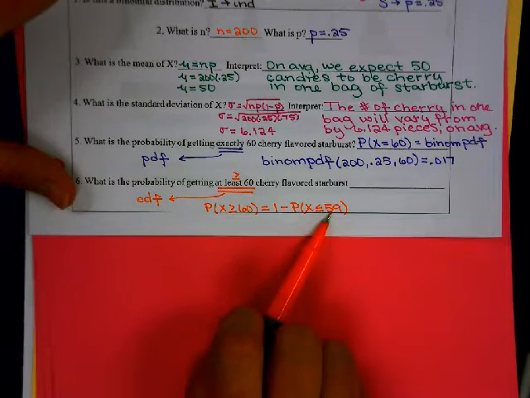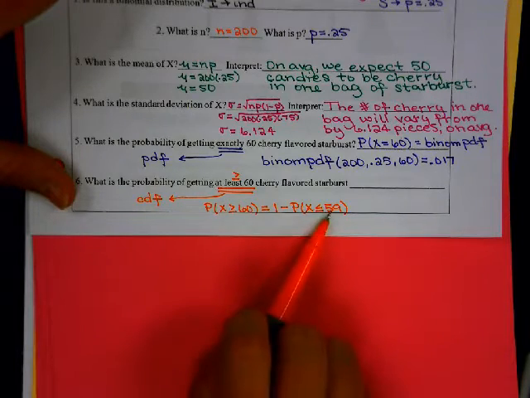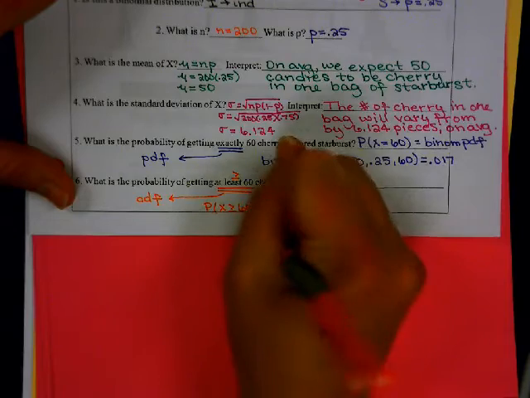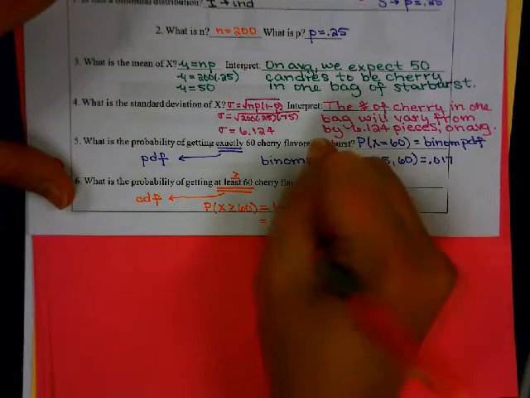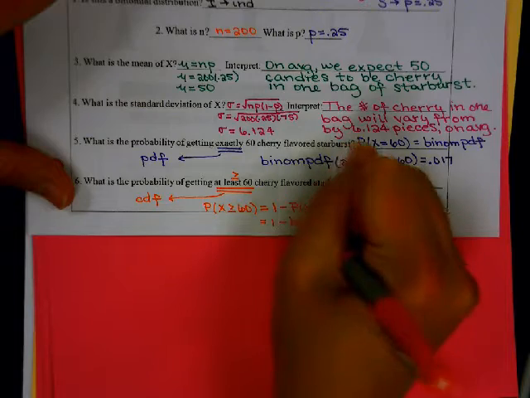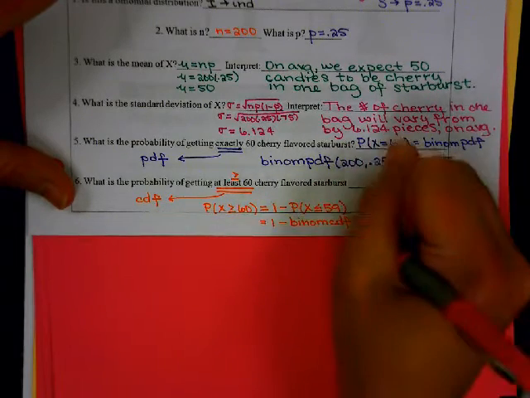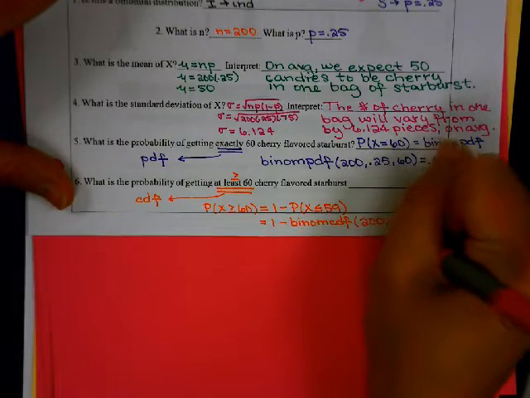So we're going to do 1 minus. This is a binomial CDF because it's less than or equal to. Again, number of trials, probability of success, and the x value you're interested in. Binomial CDF is right below binomial PDF.